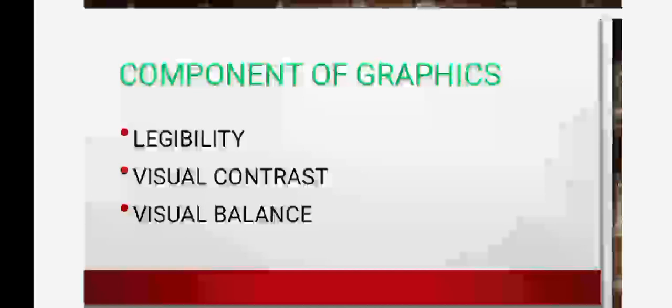The next point is visual balance. There should be visual balance. The text on the face of the map should be balanced. Some text should not be too big compared to others, except in the case of the title of the map, or if you are mapping settlements, the importance of the settlement.